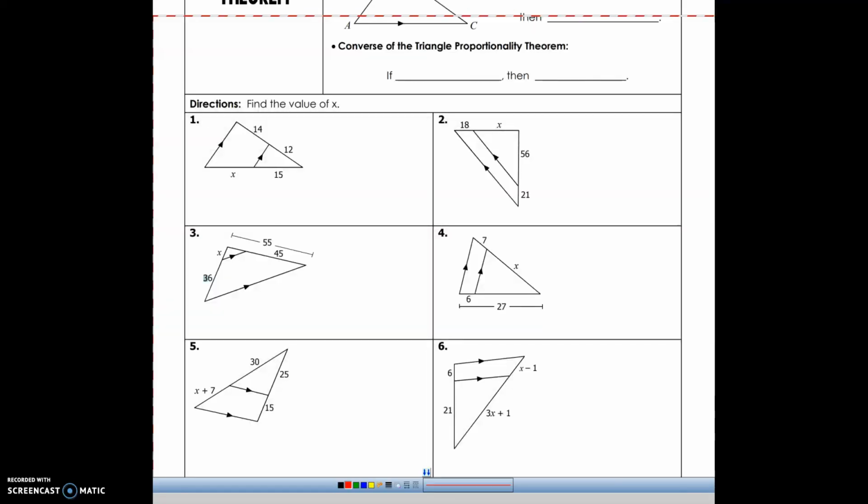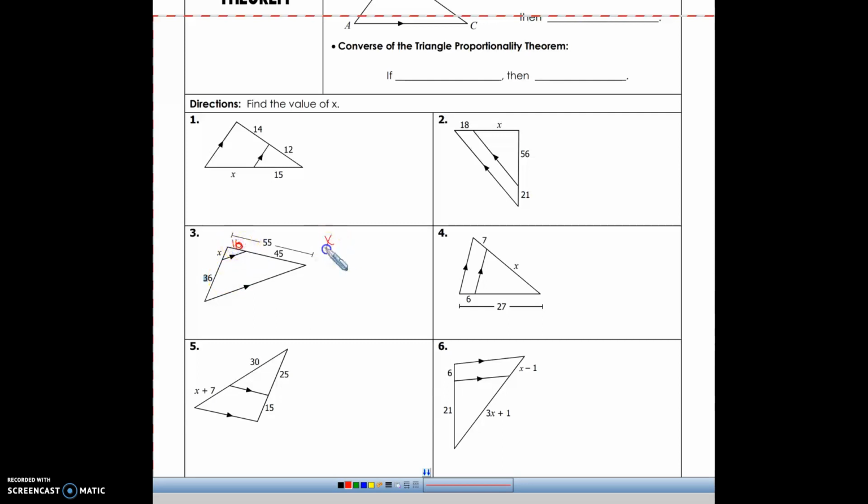Okay, let's look at number 3 now. This time they don't give me each section, they give me the whole length of one of the sides. Well, I can still find this segment. If the whole thing's 55 and this segment's 45, that means that this smaller segment has to be 10. And therefore now I can set up my proportion.